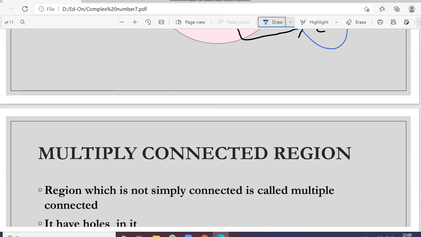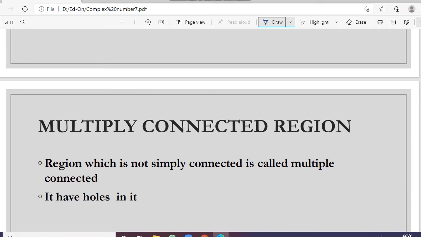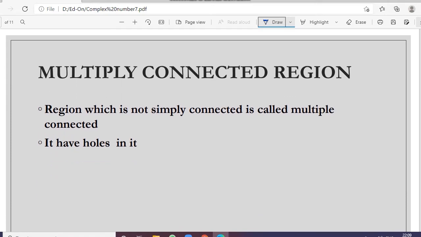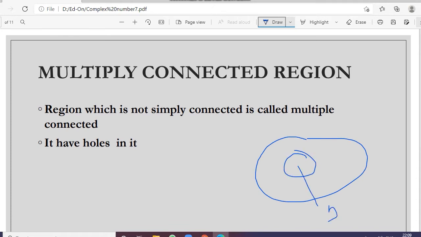Now let us see a multiply connected region. What is a multiply connected region? A region which is not simply connected. Suppose this is a region. This has a blank space in it, or you can take the example of a donut. Can a donut be reduced to a point?